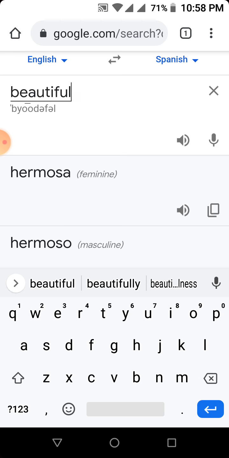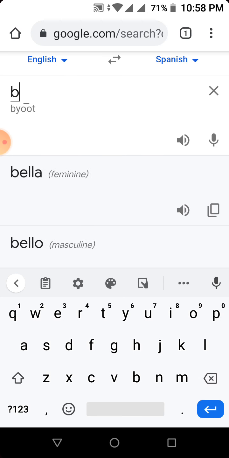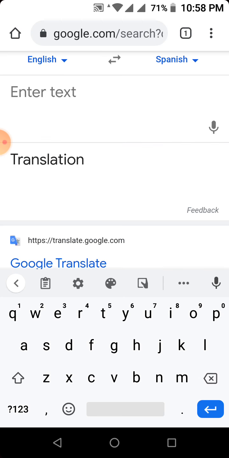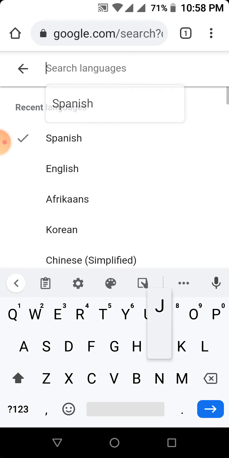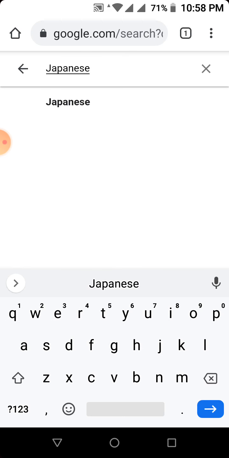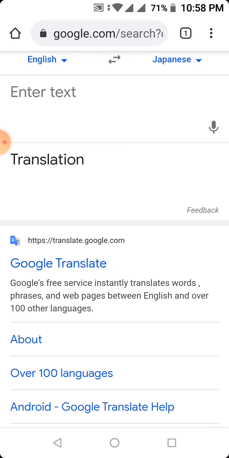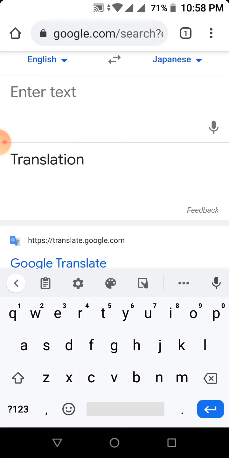All right, so let's move on to our second language, which is Japanese. So we are going to change Spanish to Japanese. It's your choice, guys, if you're going to get the translation of the words or the sentence all at once.